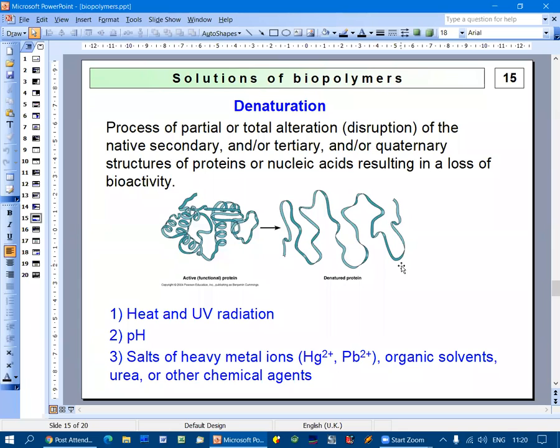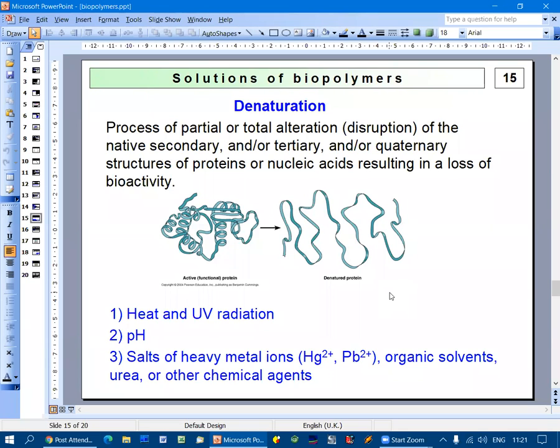Factors that can cause denaturation. Well, all factors that will break the bonds due to which the secondary, tertiary, and quaternary structures exist.